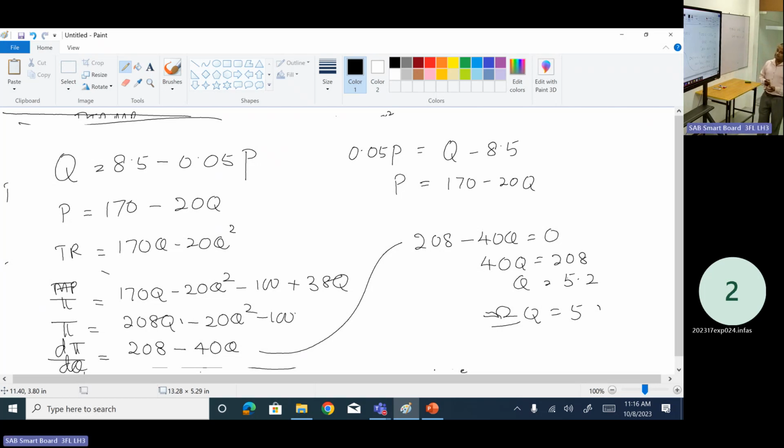And the price level at the profit maximizing output level, you need to substitute into the price function: 170 minus 20 into 5, price is 70. We can find the profit maximizing output level, the maximum profit and the profit maximizing price. Okay.